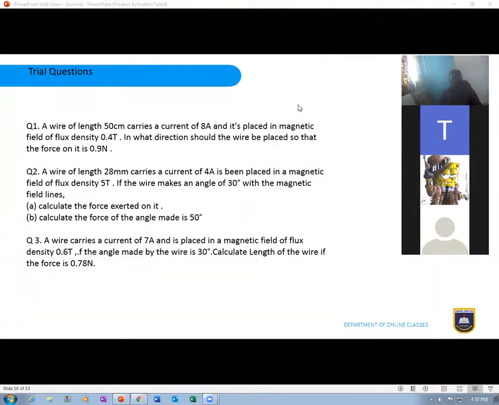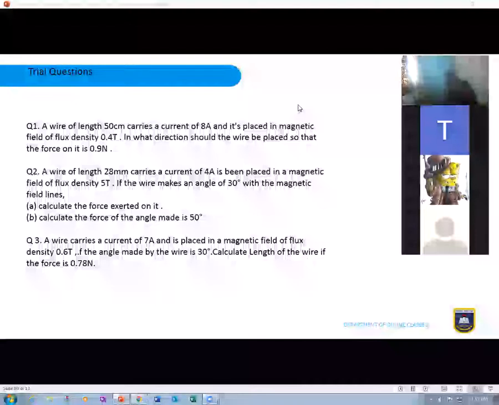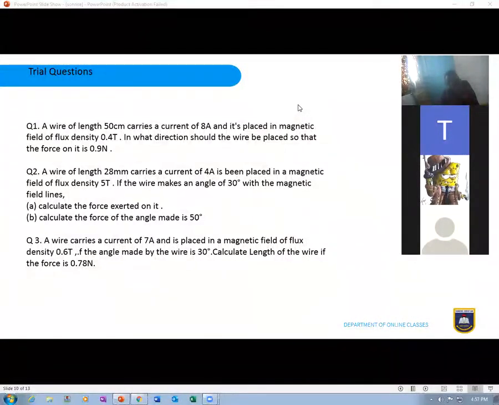Okay, so per the data in the question, we have the force, that's 0.9 Newton. The magnetic flux density, that's 0.4 Tesla. And we have the length to be 50 centimeters, but if you change it to meters, you get 0.5 meters. And you have the current to be 8 ampere. So you use the formula F is equal to BIL sine theta.